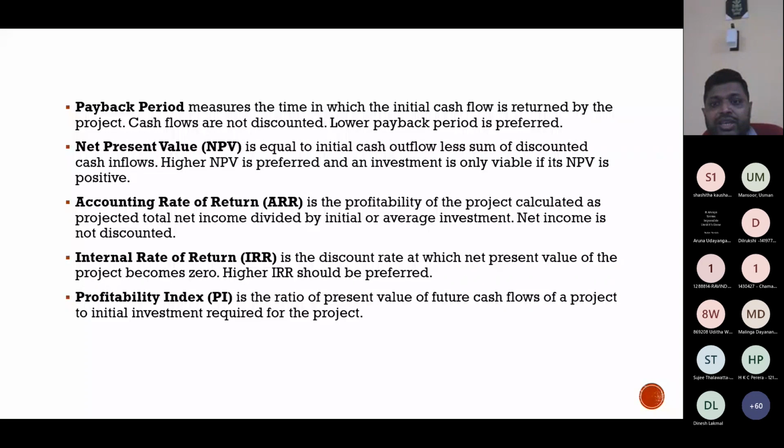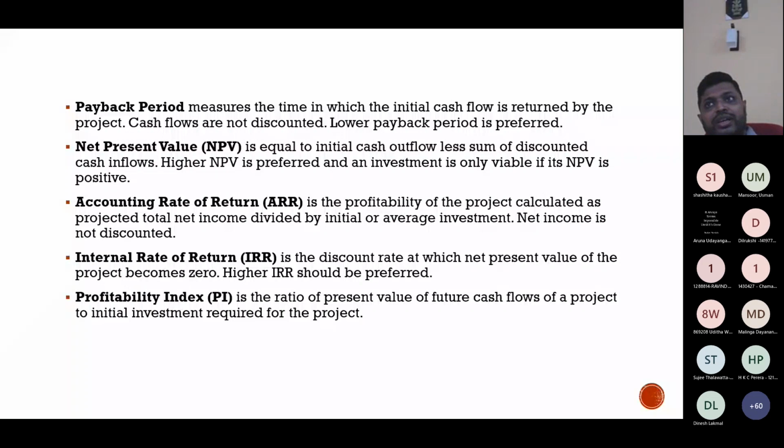If the initial investments are different and the projects are mutually exclusive, when you're going to make a decision, you can use the profitability index to determine which is the most suitable investment, right? Accounting rate of return, it is very easy to find out.